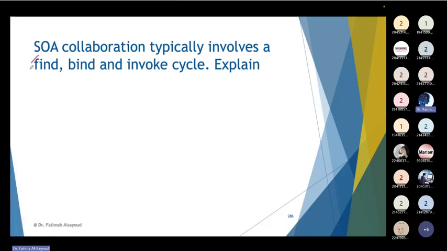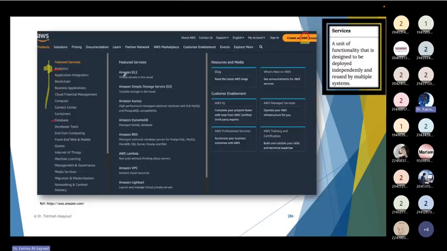So I have find, bind, and invoke. So when you're going to the website, first you're going to find what is the best service for you from the candidate services. Whenever you find it, you select it and complete the process of adding it to your account. So this is going to be the bind.